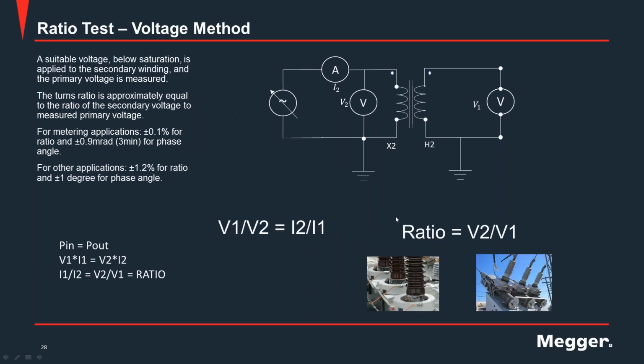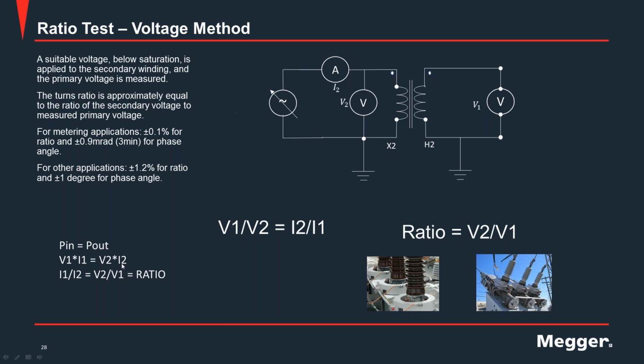Looking at the voltage method. Actually, this voltage method comes from the principle of the ideal transformer, that what comes in goes out in terms of power. Power in equals power out, and the power formula is voltage times current, and in the power out, we have the secondary voltage times the secondary current.